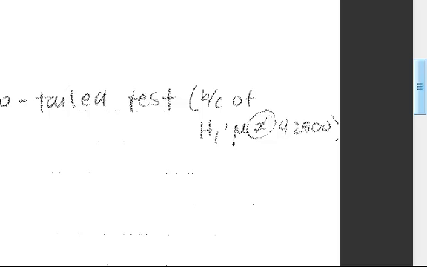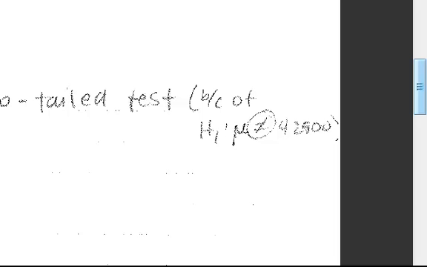The last statement is to perform a hypothesis test to determine if your sample mean is truly different. So I'm not going to take a guess about whether law enforcement officers in Pennsylvania make more or less than what my friend said. I'm just going to say that they make it different. So in that sense, what I'm going to do is say mu is not equal to 42,500.